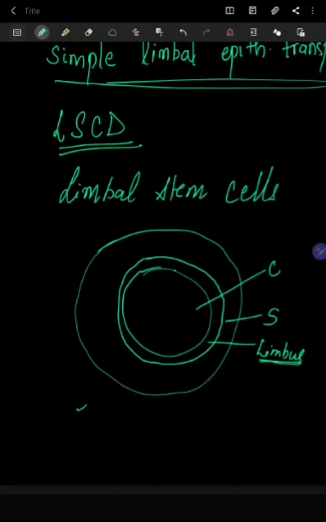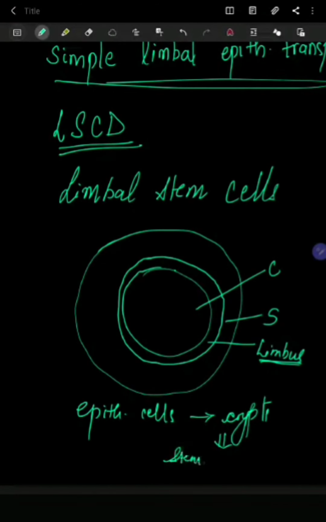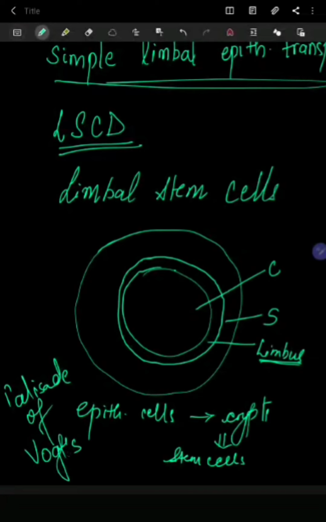It basically consists of epithelial cells which have crypts in them where our stem cells lie, and these are called the palisades of Vogt.